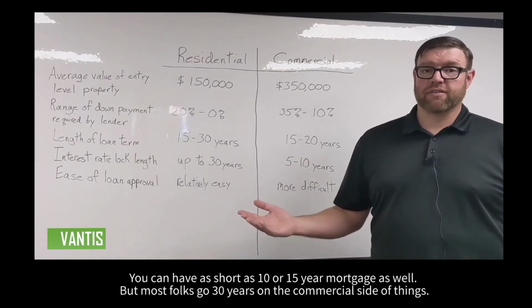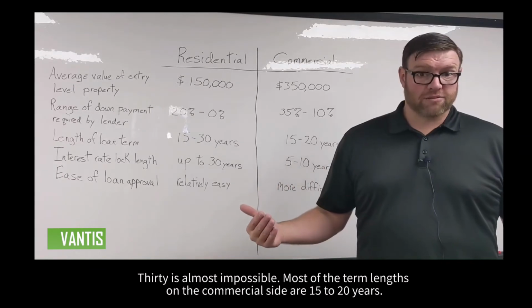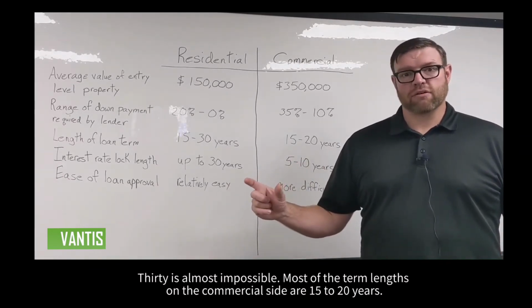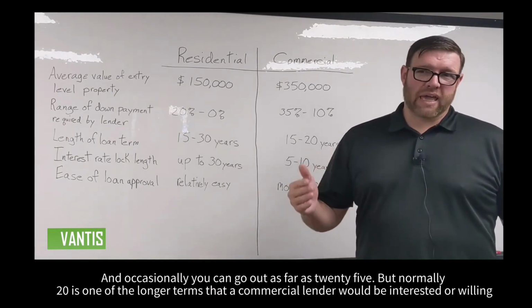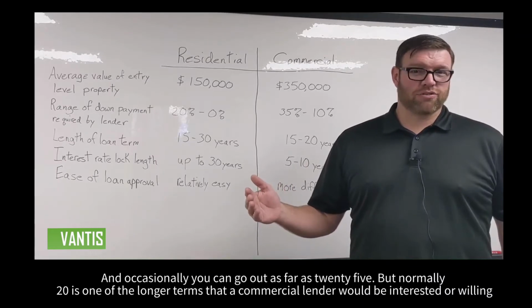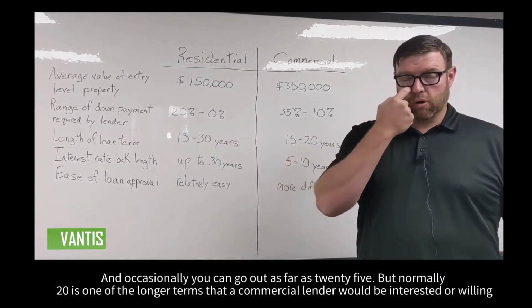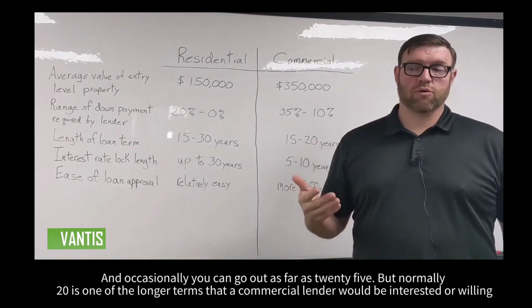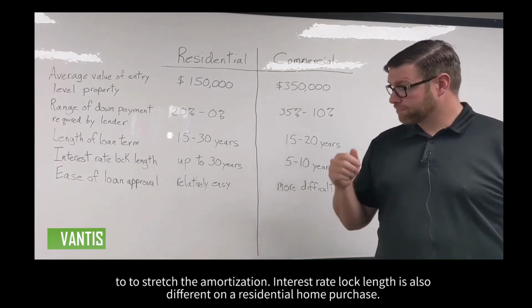On the commercial side of things, 30 is almost impossible. Most of the term lengths on the commercial side are 15 to 20 years. And occasionally you can go out as far as 25, but normally 20 is one of the longer terms that a commercial lender would be interested or willing to stretch the amortization.